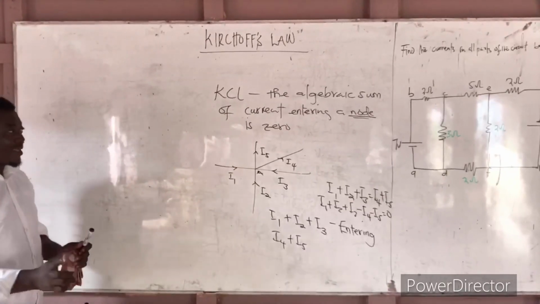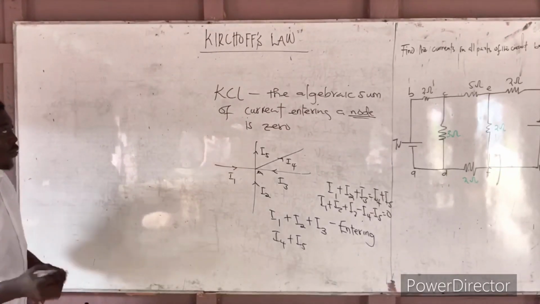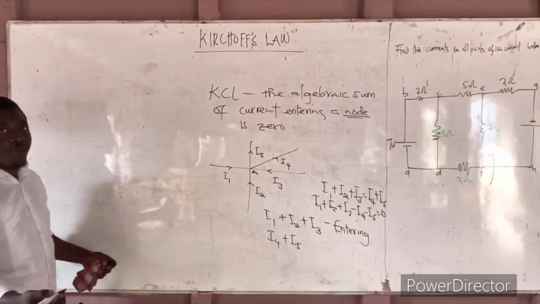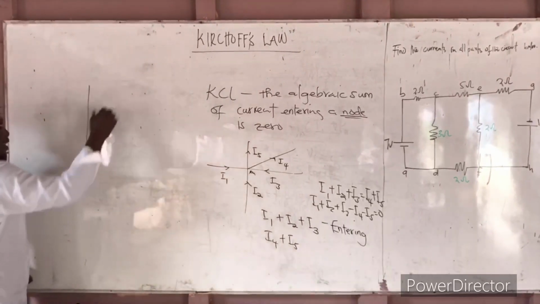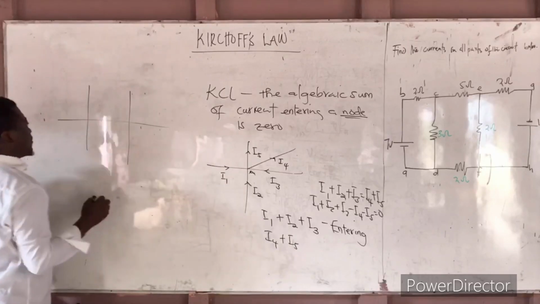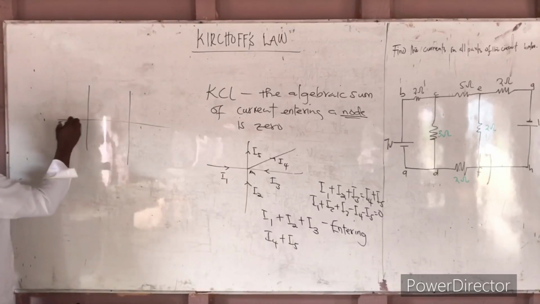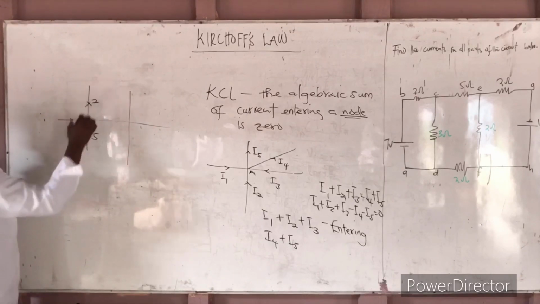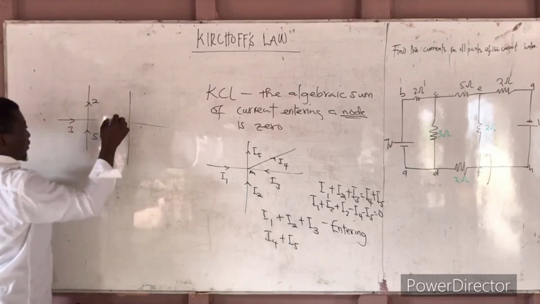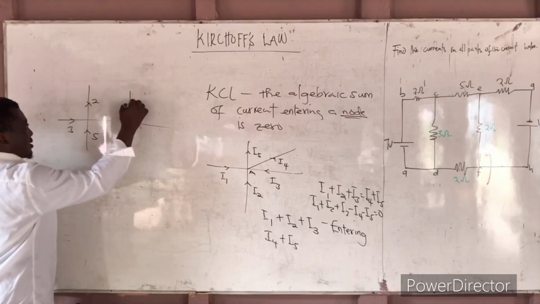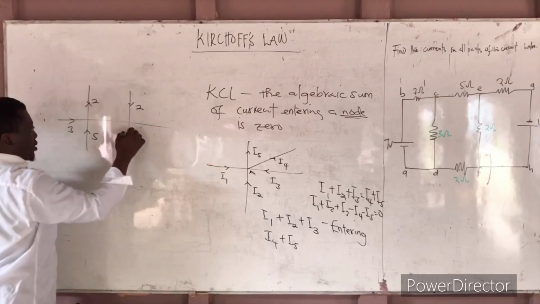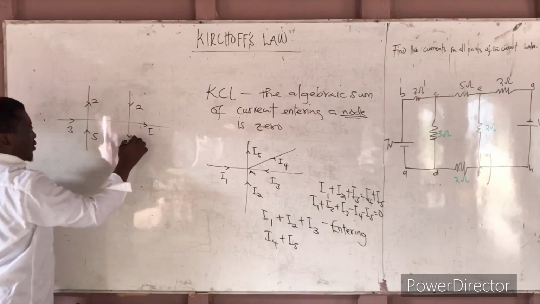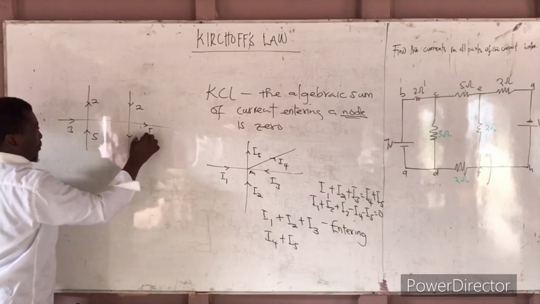In a question that you might encounter in your course of medicine or exam, they will draw something like this for you. They will tell you that this is 3, this is 5, this is 2, and this is 2, this is I, and this is 1 ampere.